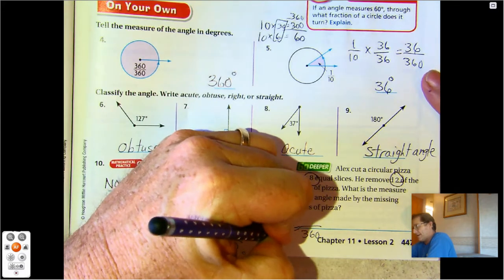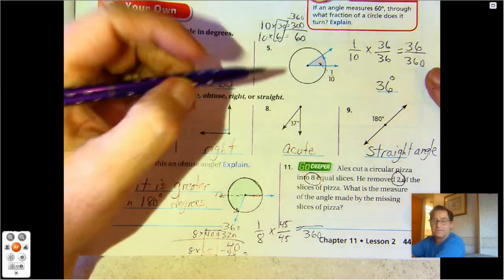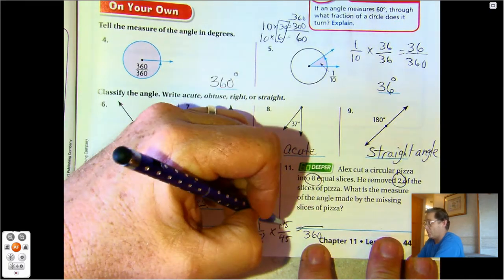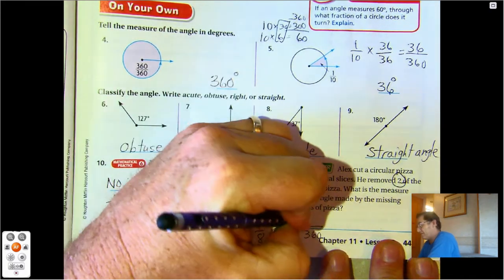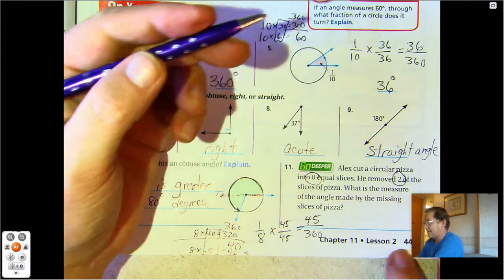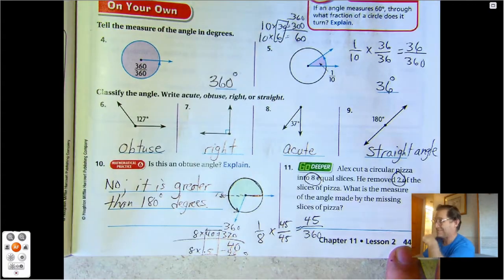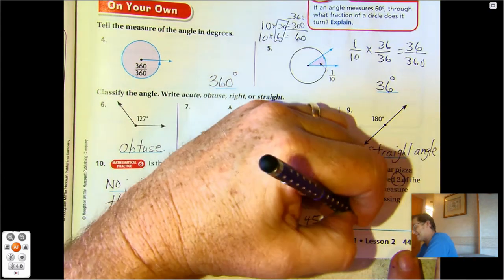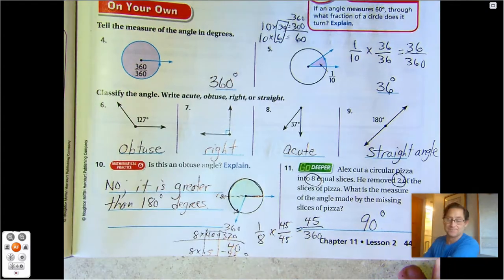So 40 and 5 is 45. If I multiply 8 by 45, I would have turned it into 360 equal parts, and 1 times 45 is 45. So what is the measure of the angle made by the missing slices? This is 1 slice, so 2 would be 90 degrees.